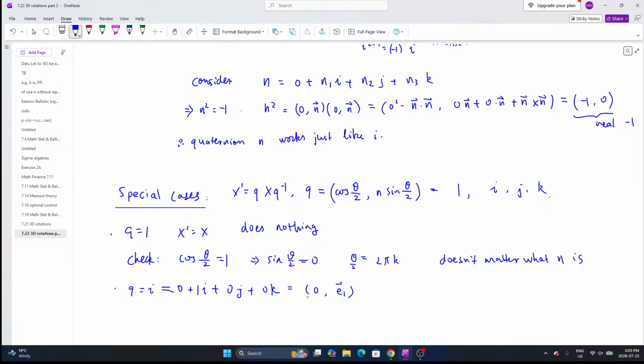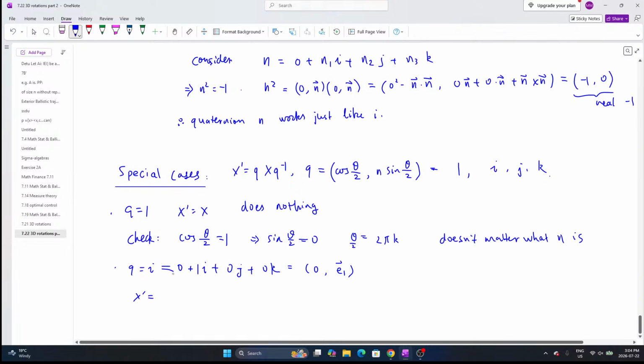Let's multiply that without looking at the meaning of Q first. Let's just do the brute force multiplication. So x prime is what? x prime is 0 E1 times 0 x, and then times the conjugate, which is 0 minus E1.